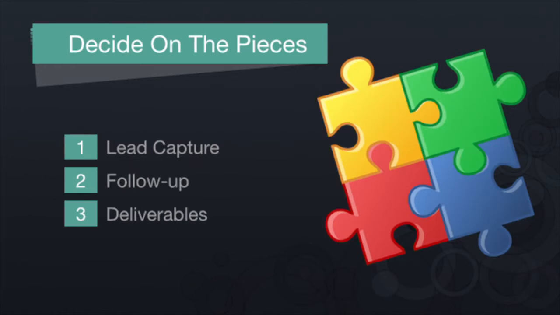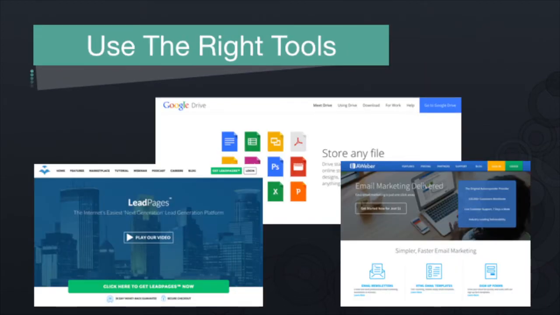Next thing we want to do is decide on the pieces that we're going to put in our funnel, right? So at minimum, we have to have a lead capture, we have to have follow-up, and we have to have the deliverables. So that's really it for the foundation, other than knowing that you also have to use the right tools. Like in our shop, we use Lead Pages, which is a very wonderful system for generating web pages on the fly.